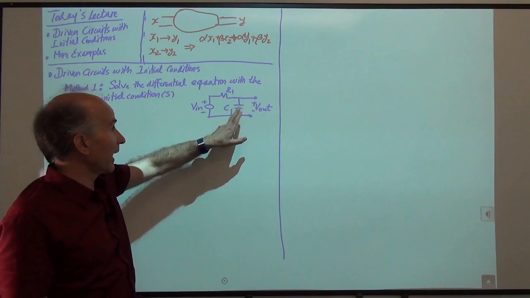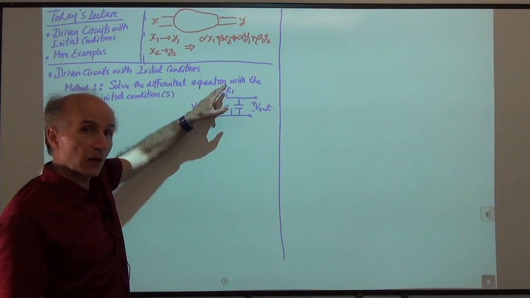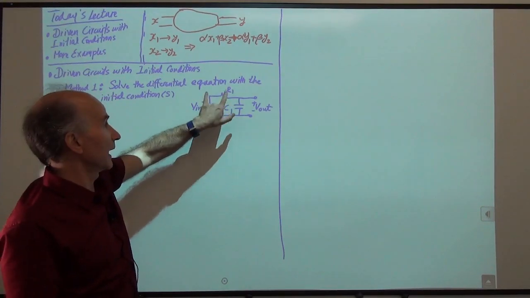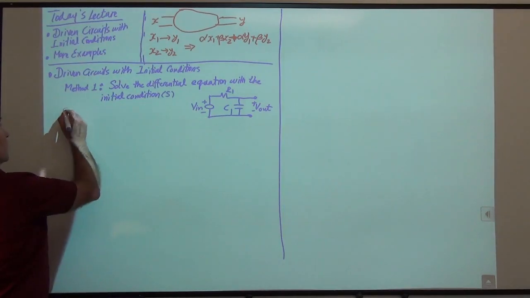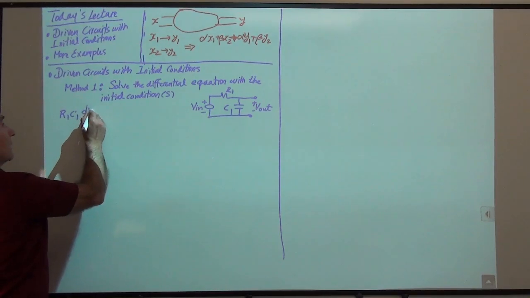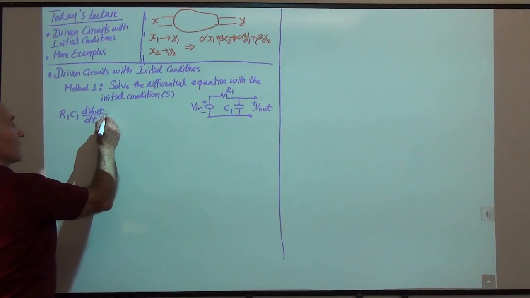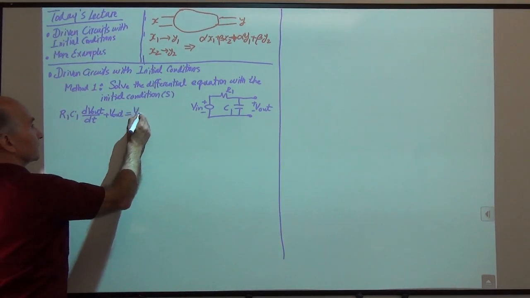Then we let that current pass through this resistor and give us a voltage drop from here to here, which was R1 C1 dV out over dt. And then we added this voltage to this voltage to get this voltage, right? So the equation we derived before looked like this: R1 C1 dV out over dt plus V out is equal to V in.